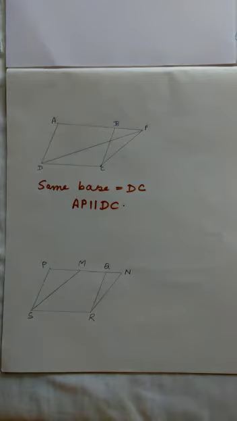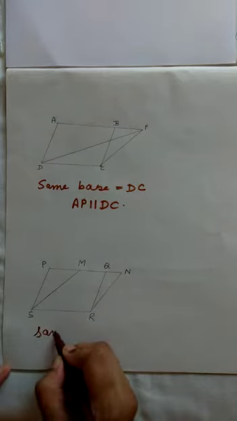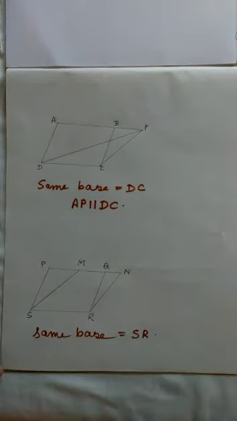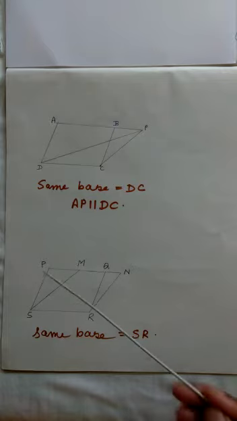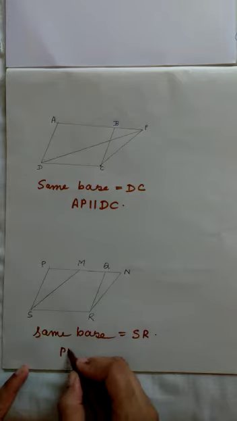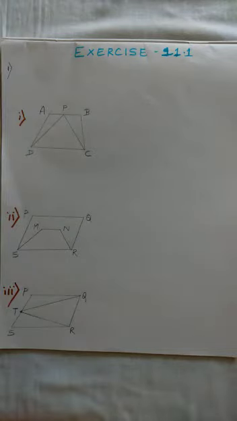Consider another example, in which PQRS is a parallelogram and MNRS is another parallelogram. Those two parallelograms are on the same base that is equal to SR, and between the parallels PN and SR, that can be written as PN parallel to SR. Based on this property, let us solve some of the exercise problems.